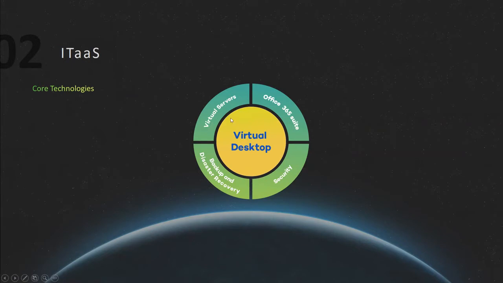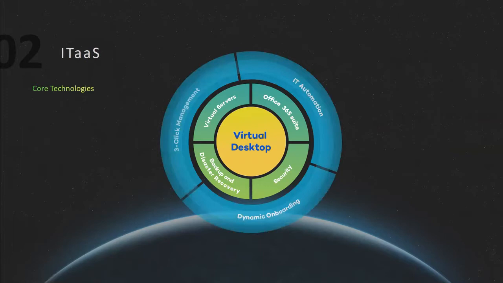These could be system servers like domain controllers, or servers like file servers, print servers, and the database servers that power your IT environment. You need some sort of collaboration software like Office 365. And of course, security and backup and disaster recovery are important to keeping everything secure and making sure you're able to respond to any threats. Those are the 5 core components of any IT environment.